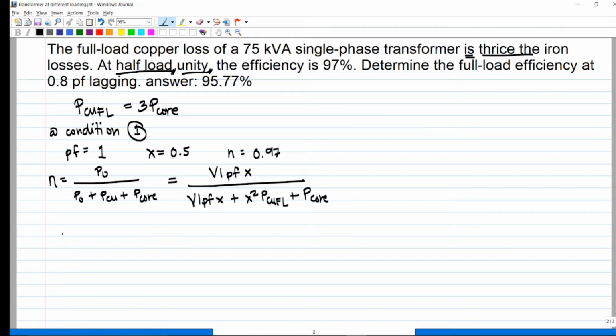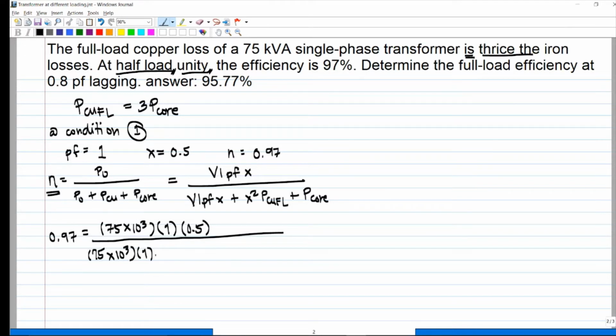Diba dito sa pangalawang formula na naisulat natin, pwede na tayo mag-substitute ng mga values using the condition number 1. At condition number 1, yung N natin ay 0.97 equals to VI. That is the VA rating of the transformer, which is 75,000 VA. The power factor at condition 1 is unity, and the loading at condition 1 is 0.5. So, ganun din dito, 75 times 10 raised to 3 times 1 times 0.5.